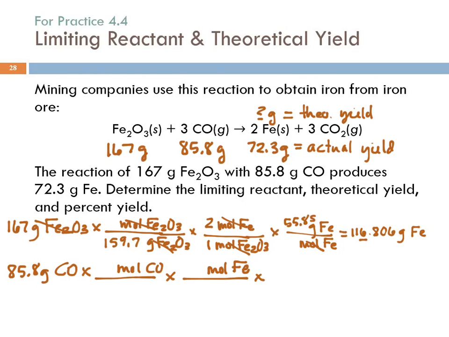We're going to the same product. So moles of iron to grams of iron. And then always get those units in place and make sure that they really do cancel out. We don't want any wishful canceling.